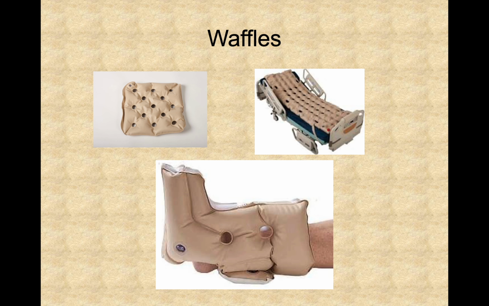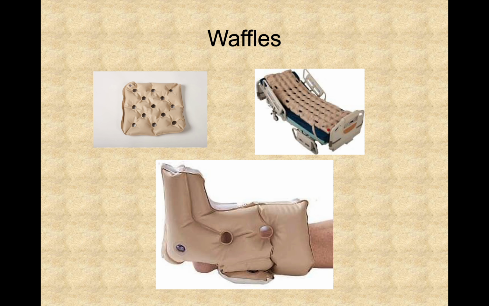Or if somebody is going to be in bed for long periods of time and they have very limited mobility, and you're concerned about pressure ulcers, perhaps a waffle mattress is a good addition to your patient's bed.